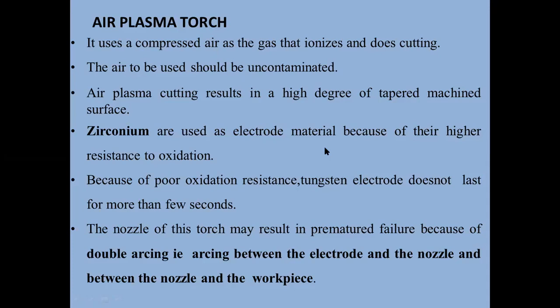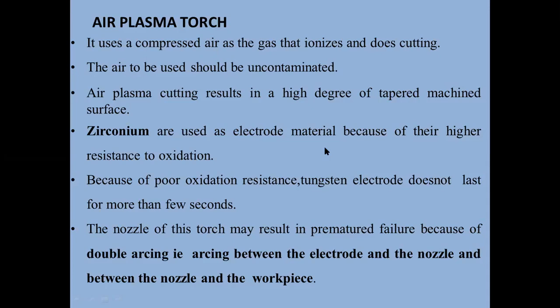So mainly we have the air or oxygen type, the dual gas one, and the last one is water, right? The water-based plasma torch. First we'll see the air plasma torch. The name itself indicates it uses compressed air as the gas that ionizes and does cutting. The air to be used should be uncontaminated.